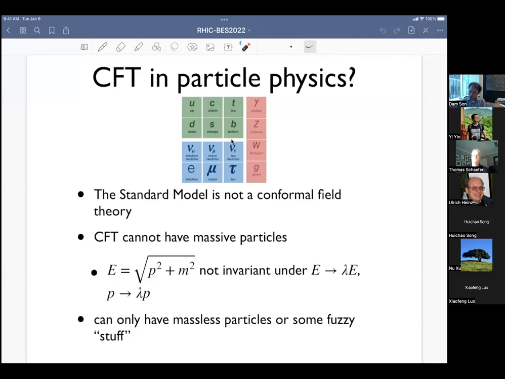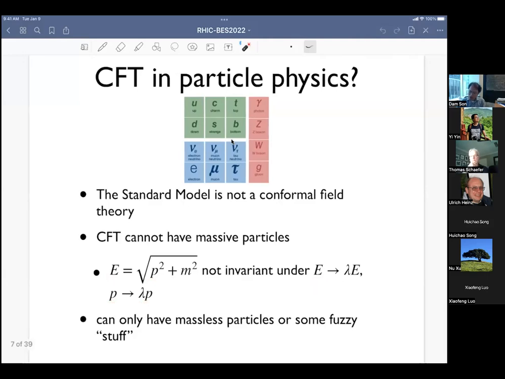Now, we have said that conformal symmetry includes dilatations. Under dilatation, both energy and momentum are multiplied by the same factor lambda. And if we look at this equation, we see that this equation cannot be preserved if the mass of the particle is non-zero. In the standard model, a lot of particles have non-zero masses, and so the standard model is not a conformal field theory.